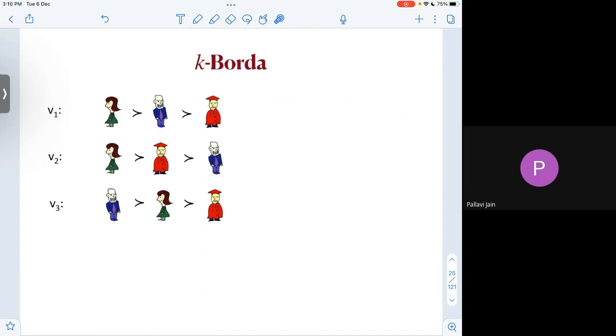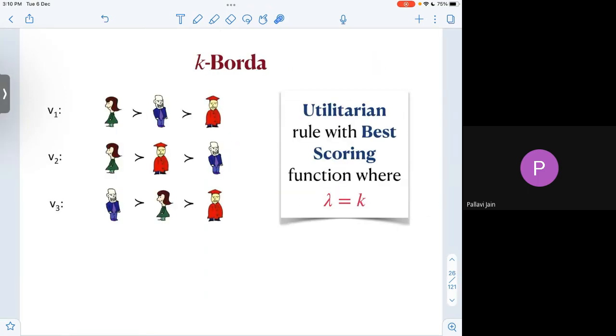I just gave these definitions only, and this is the generalization. So what happens in K-Borda? It is a utilitarian type rule, with the best scoring function with lambda equal to k. This is my K-Borda rule. Is the definition clear or should I write it again?